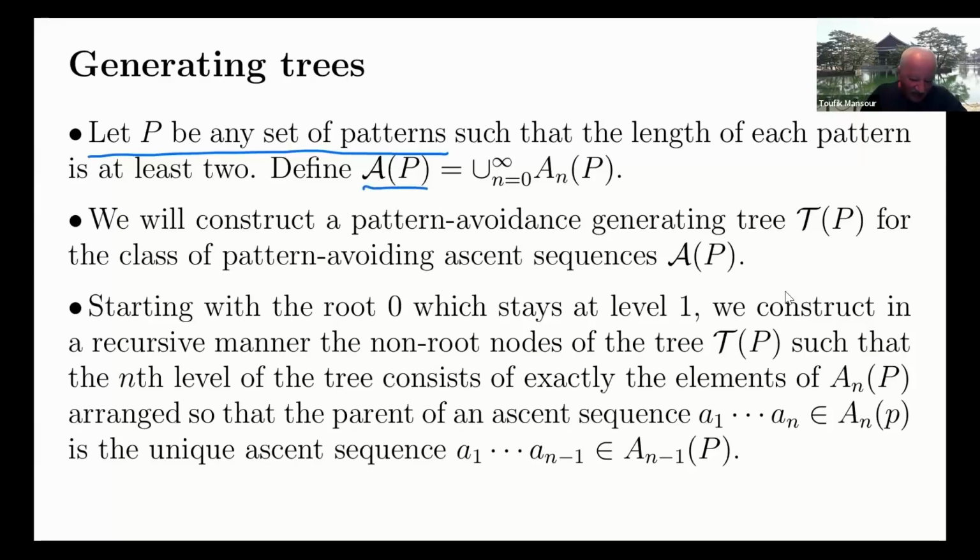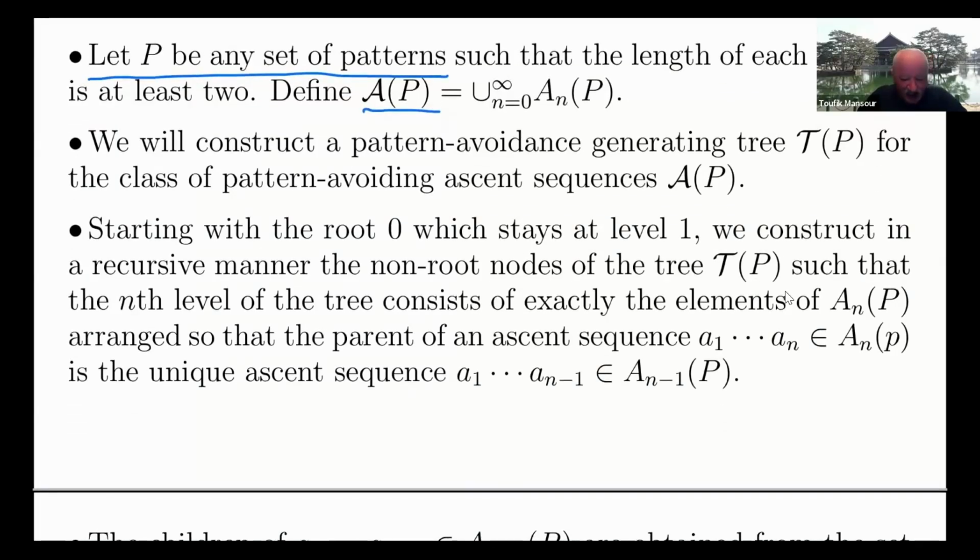Define A(B) to be the union of all the ascent sequences of any size that avoid B. We construct a tree T_B such that the nodes of this tree are exactly the ascent sequences that avoid this set of patterns.